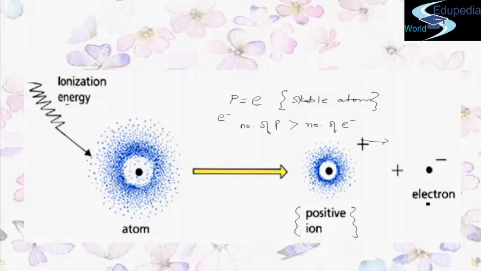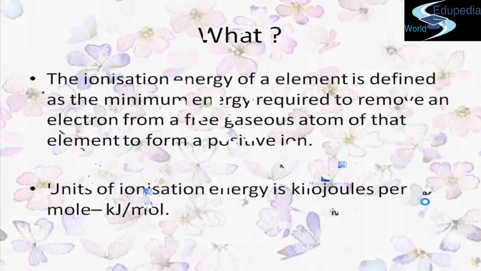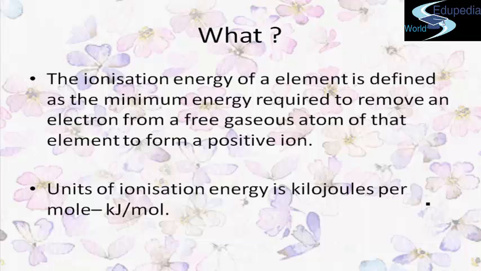So now, friends, we can say that the ionization energy of an element is the minimum energy required to remove an electron from a free gaseous atom of that element to form a positive ion. Friends, please note that the unit of ionization energy is kilojoules per mole.